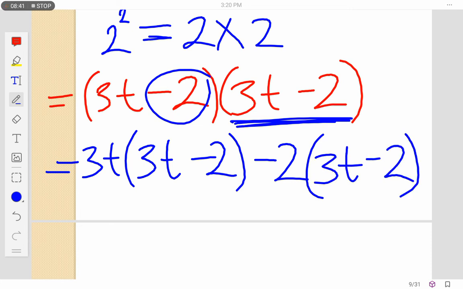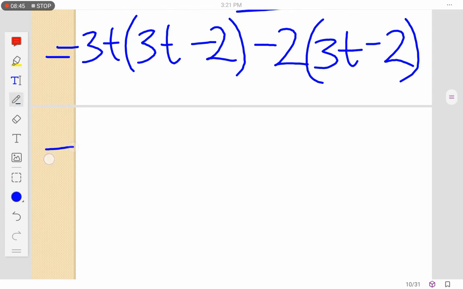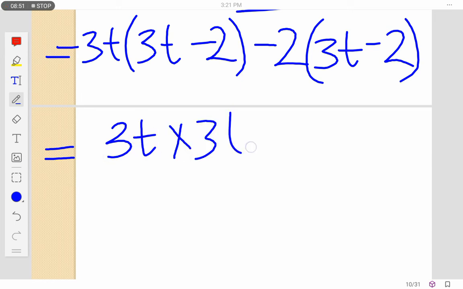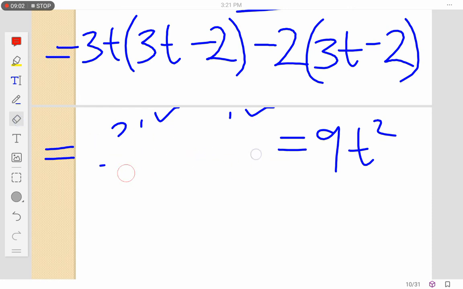Now let's break the brackets there. I'll have 3t times 3t. It's the same as 3 times 3, we get 9. Then t times t, we get t squared. So we are getting 9t squared there.